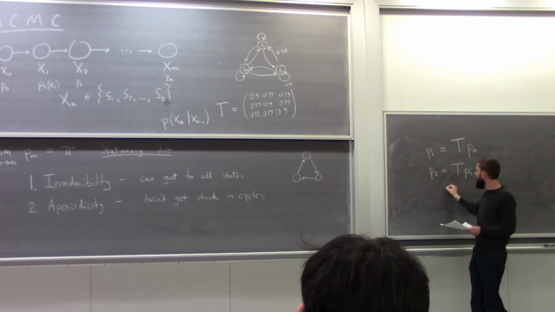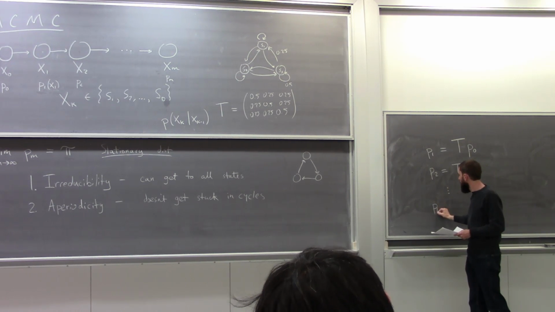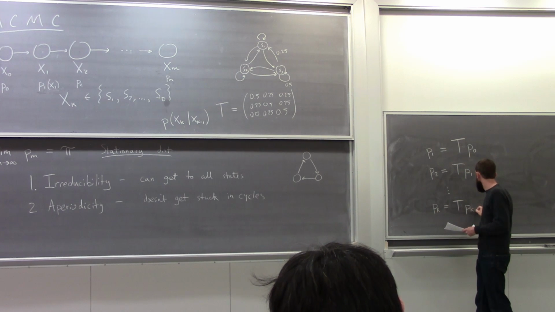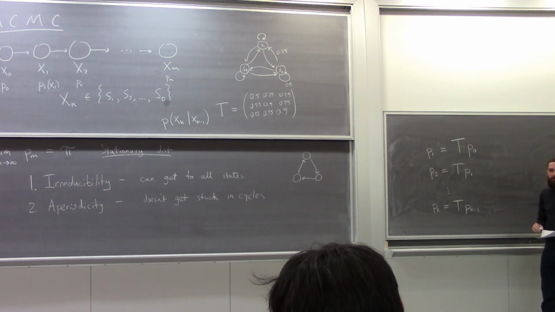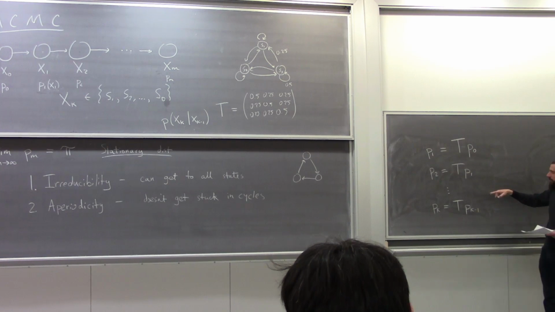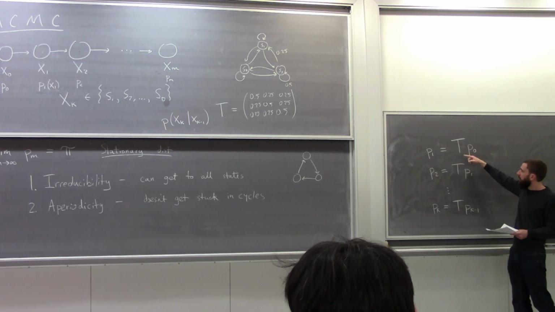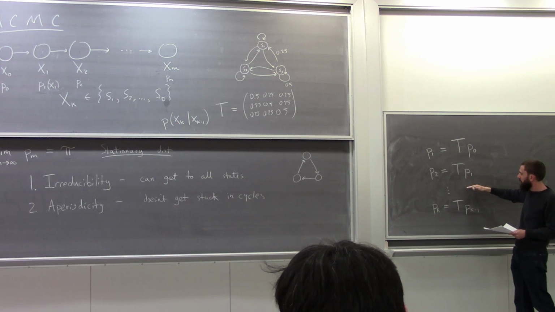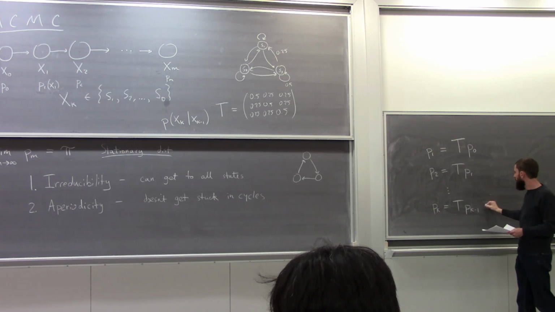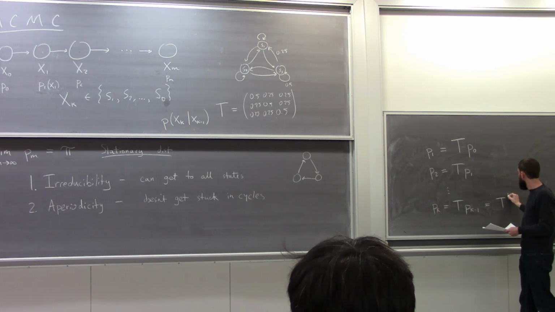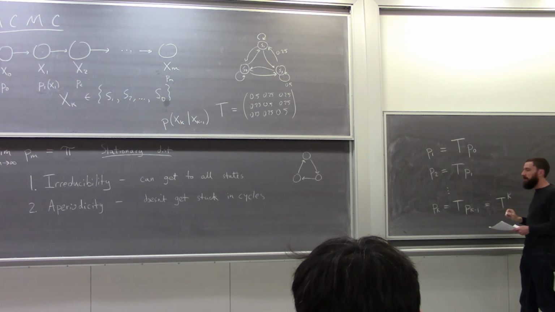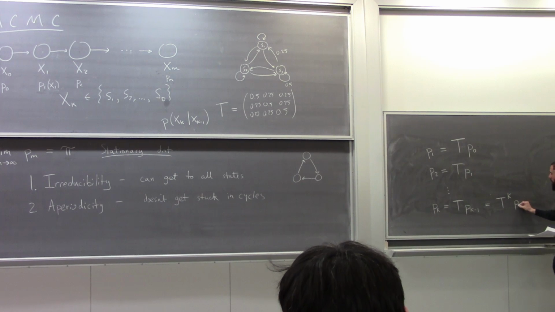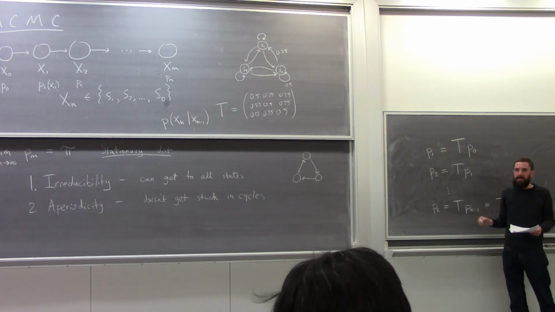In general, if I'm at the kth stage, I get that probability from the previous k-1 stage again by matrix multiplication. Summarizing all of this, I can just concatenate another T and then another T and another T. This is equivalent to saying that if I multiply T to the kth power by P0, then that's how I get to Pk.